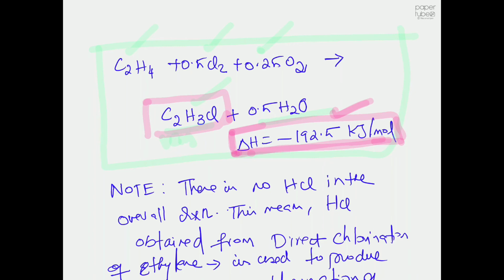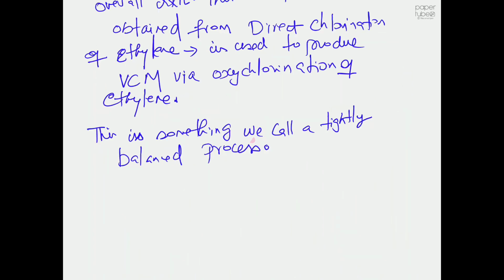These are simple stoichiometric reactions, but at the end of the day they will give you a lot of information that we need for the design project. So keep these things in mind. This is something we call a tightly balanced process.